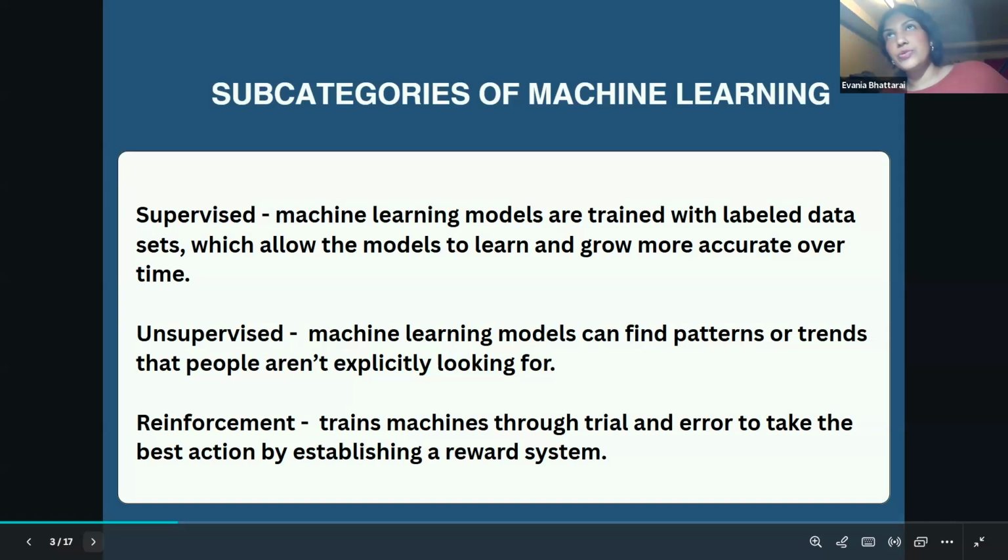So if you are training your model and you want it to pick up on a certain pattern, but it ends up picking up on a pattern that you didn't even know was there, that's an unsupervised type of machine learning. The third one is reinforcement. Here it trains machines through trial and error to take the best action by establishing a reward system.